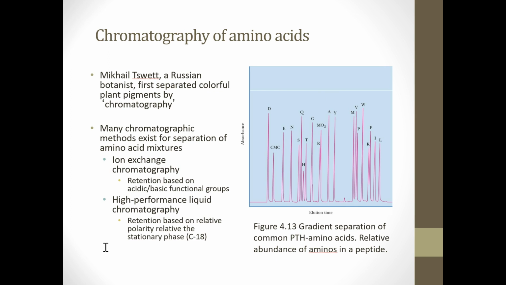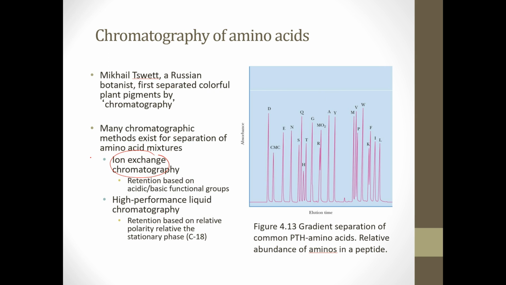We do a lot of chromatography. Amino acids, because they have unique R groups, are easy to separate using liquid chromatography. We can also use ion exchange chromatography for bulk separation of amino acids. This is the type of chromatography which separates based on a pH gradient, which charges or uncharges different residues, and that affects the type of migration through the column.